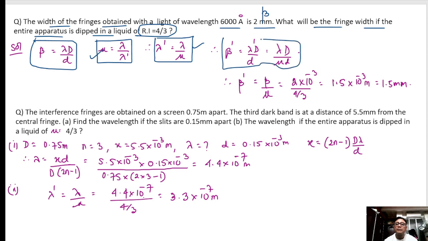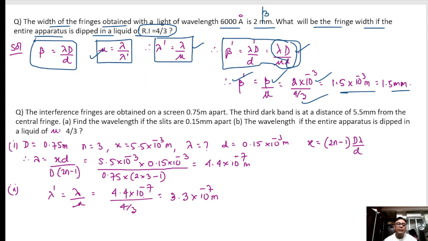This. Putting in the value of lambda dash, we calculate it. So this is actually coming out as beta by mu. So the original fringe width was beta, mu is the refractive index, and we get beta by mu.